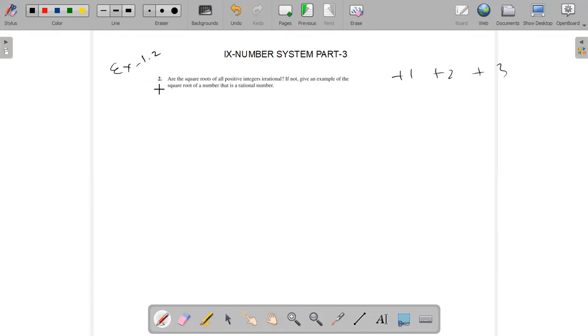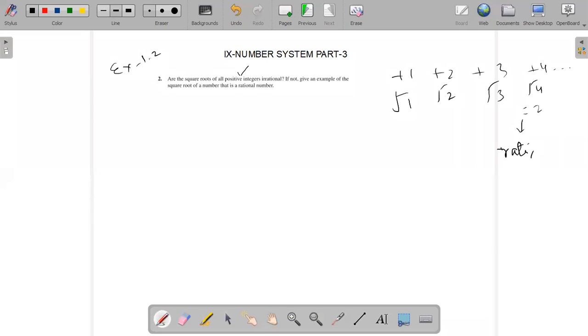Question number 2, exercise 1.2. Are the square roots of all positive integers irrational? What are positive integers? +1, +2, +3, +4, and so on. All are positive integers. They are asking, are the square roots of all positive integers irrational? No. The square root of 2 is irrational, 3 is irrational, but the square root of 4 is rational.